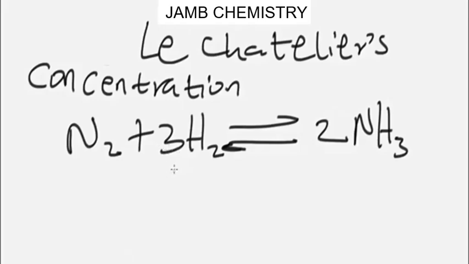If we reduce the nitrogen and hydrogen molecules, the equilibrium position will shift from the right to the left, favoring the backward reaction. So this is basically how you can use the Le Chatelier principle to predict the effect of any change you make to a reaction system.